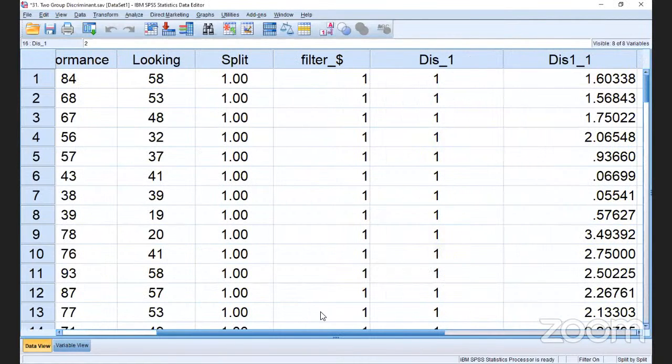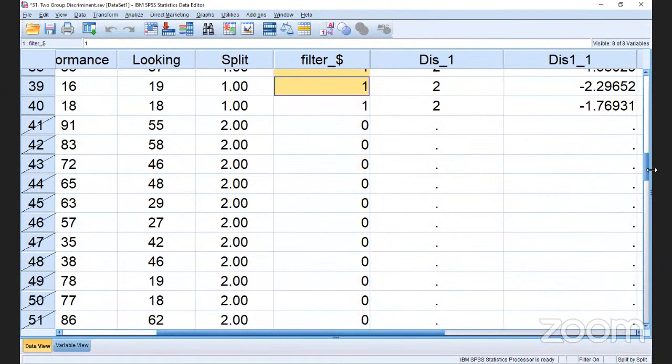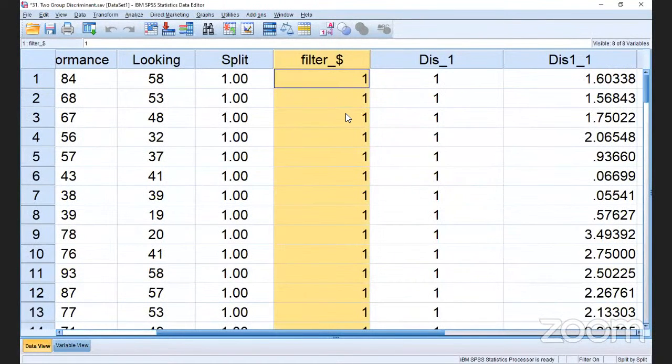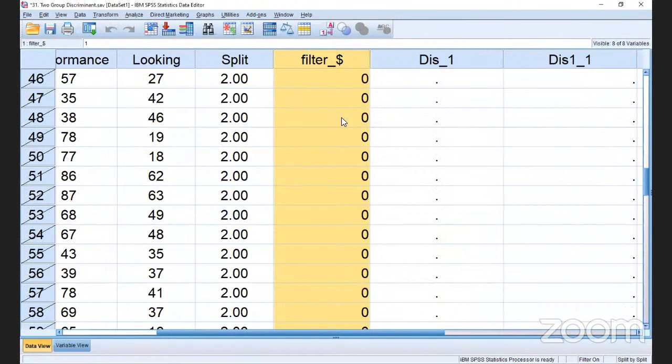when we select the file in one group, it will give the filter, meaning my cases have been filtered. It means out of the 80, I am using only 40 cases.